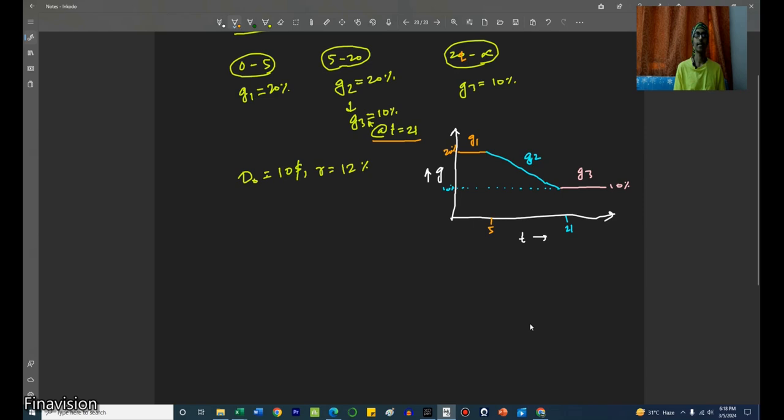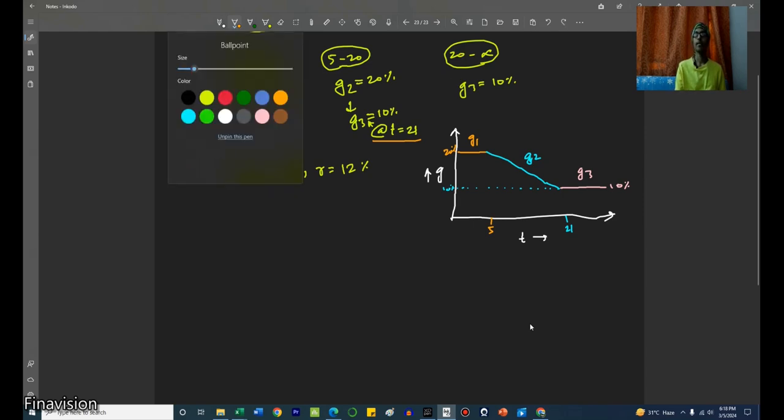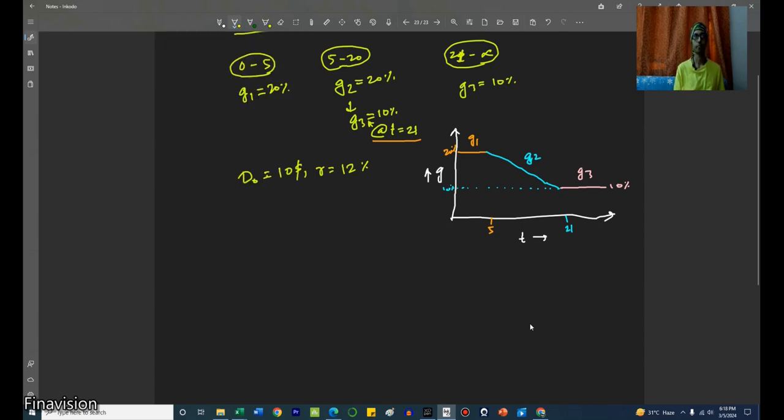That is, here it is t is equal to 21, not 20. So what we can do is, till here we can apply the normal calculations of present values, and from here we can apply the H model. Till here it is present value model, from here it can be the H model.